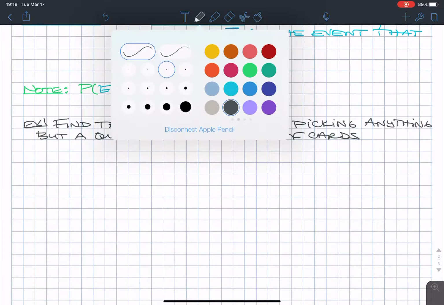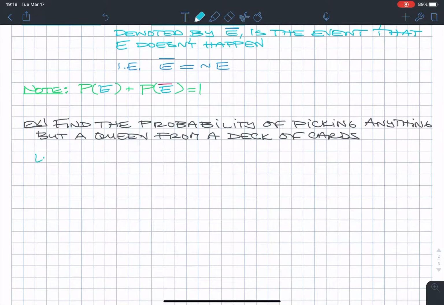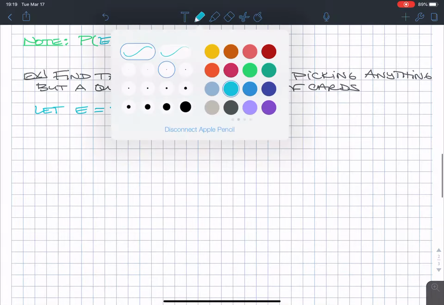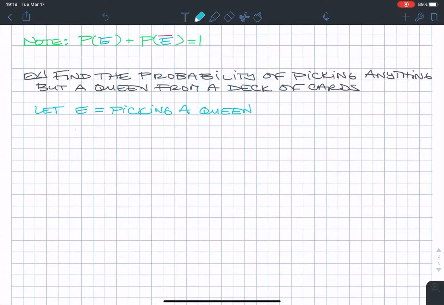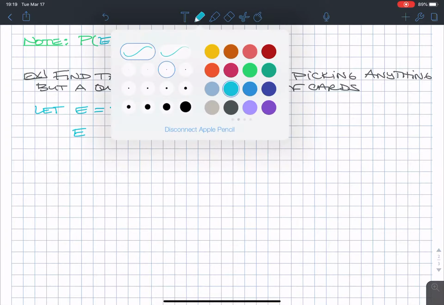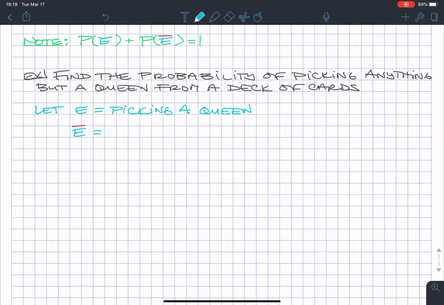Okay, so what I'm going to do is I'm going to let E be the event picking a queen. Okay, so what does that mean? That E with a bar over it, or not E, is the event not picking a queen.